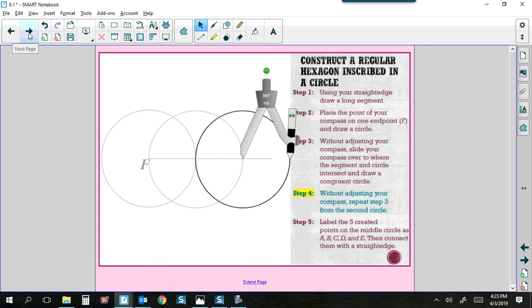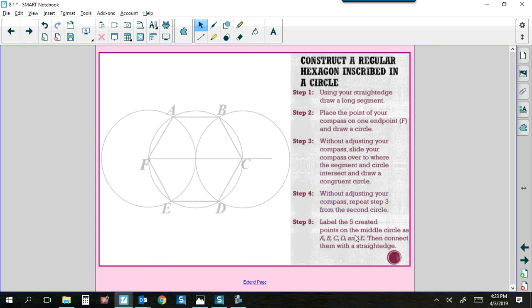The last thing you're going to do is look at the middle circle only. I'm just going to highlight it really quickly right here. You're just looking at this circle, and you're looking at where the points are on the circle. So F is on the circle.